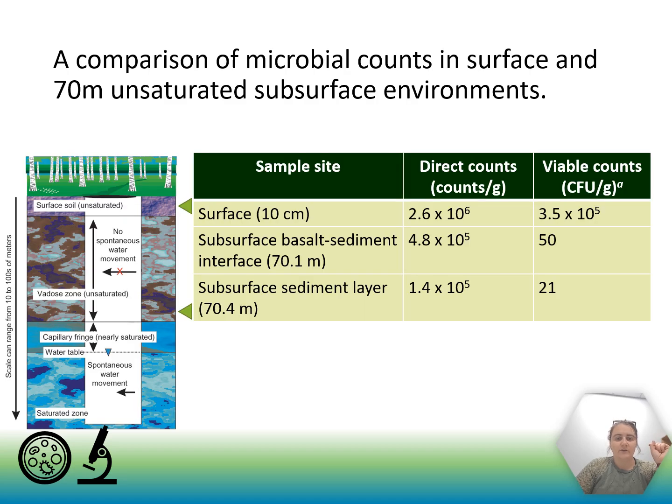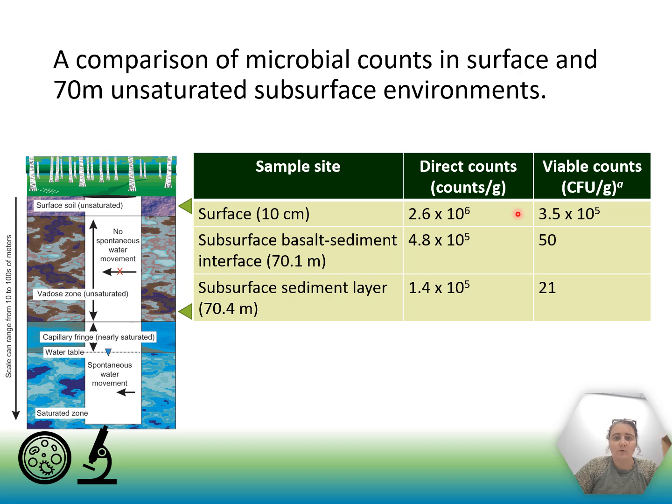So just to show you that that is true, this is going to show you the different layers and the direct counts of microorganisms. So you can see that the amount of microorganisms goes down as you go further into the subsurface. It's not that they're not there, they are there. But then if we look at what's called viable counts over here, these are alive bacteria.